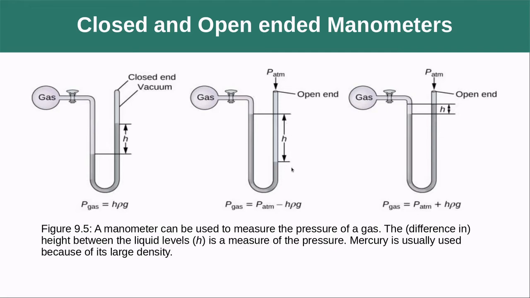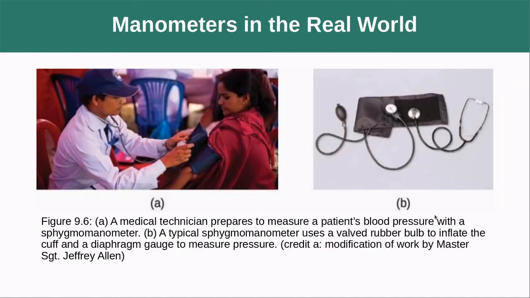In this case, we'll measure this height, take the atmospheric pressure, and subtract out the H rho g quantity, the hydrostatic pressure. In the other situation, if the pressure inside the gas is higher than the atmospheric pressure, it's going to rise on this side. And in this case, we have the addition of that hydrostatic pressure term.